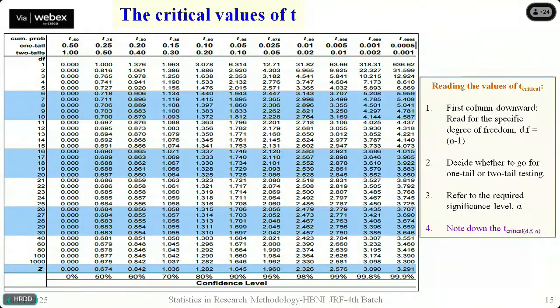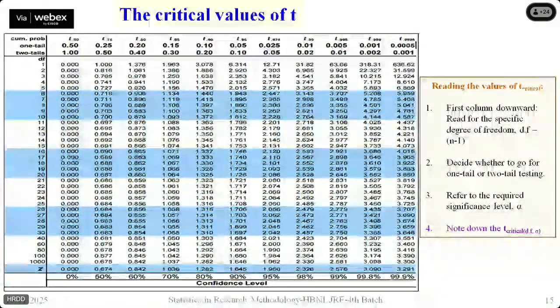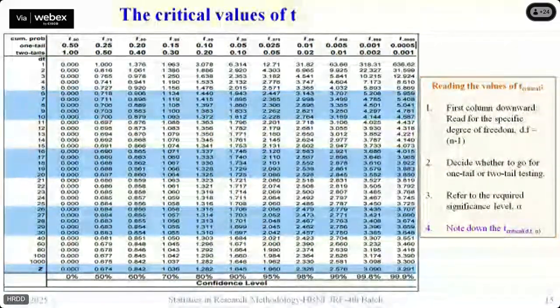While calculating t from n measurements, having taken the mean, x minus mu divided by s by root n, that n remains the number of data points. But when you are looking for the degrees of freedom for t, that time you have to use n minus 1. The equation for t does not change. The denominator s by root n remains as such.